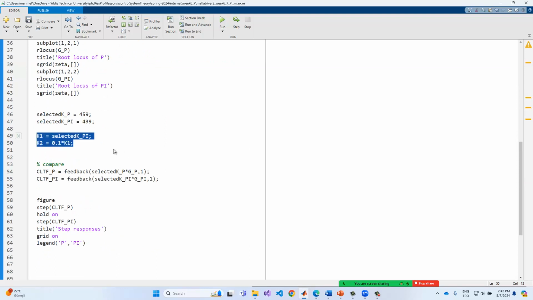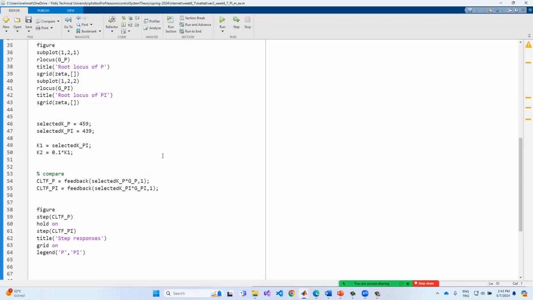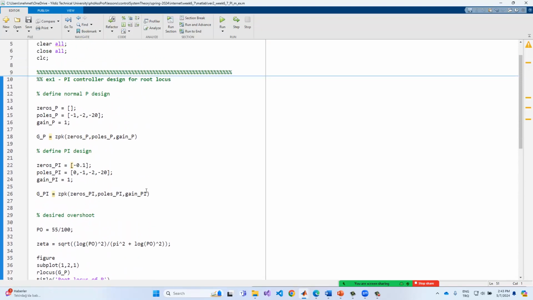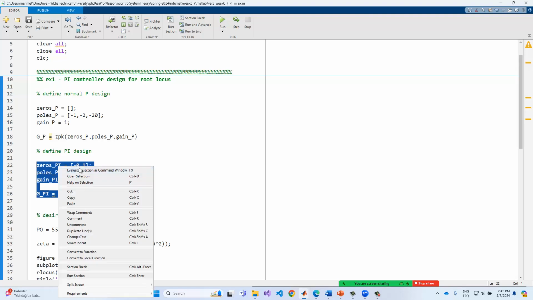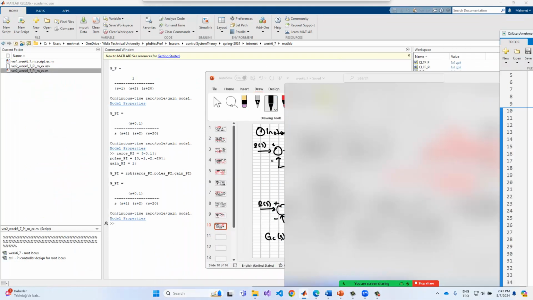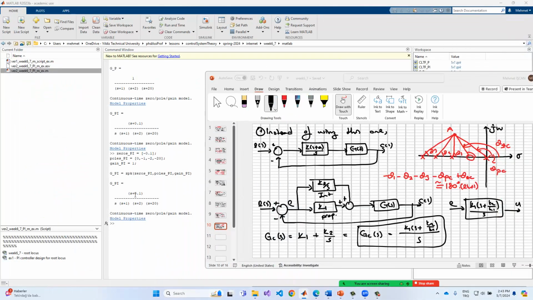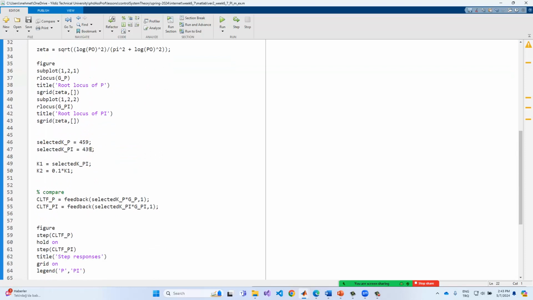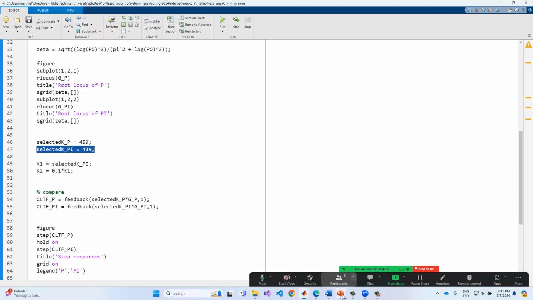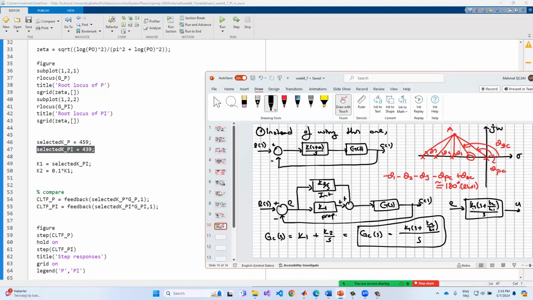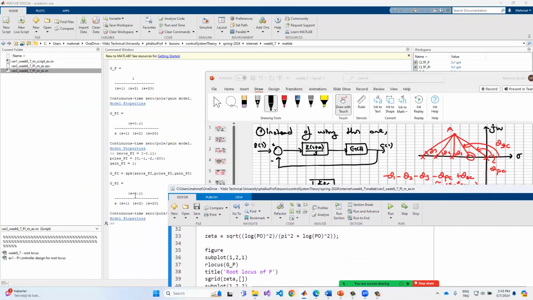Did you understand that? Because in this case we have, just see that, s plus 0.1, right? And so the selected k is coming from the root locus, and then this must be equal to k1. And so k2 divided by k1 must be equal to 0.1.